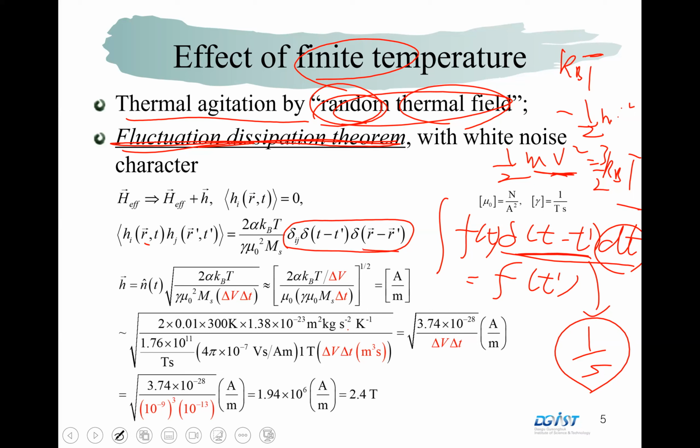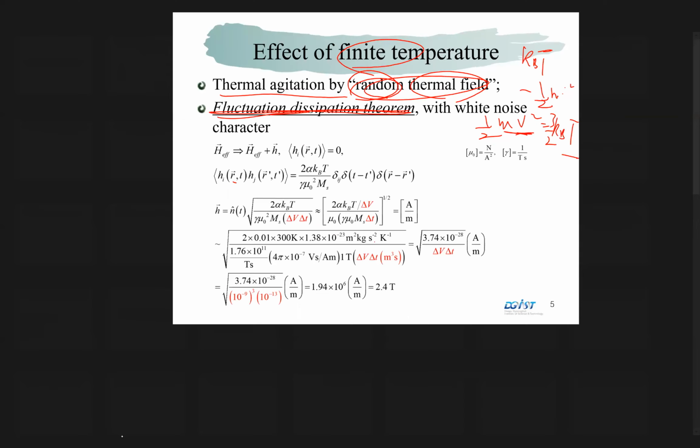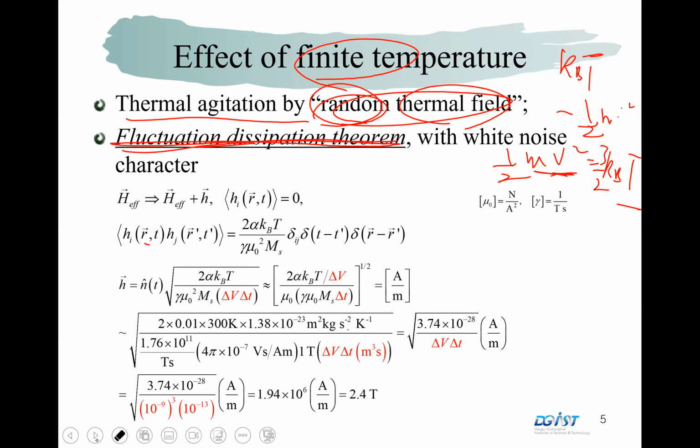So we need this one to give a delta t, and this one corresponds to the volume, so we have a delta V. Now the left-hand side, h squared, is 1 over delta t, 1 over delta V. And this delta is just a cycle, so it's dimensionless.